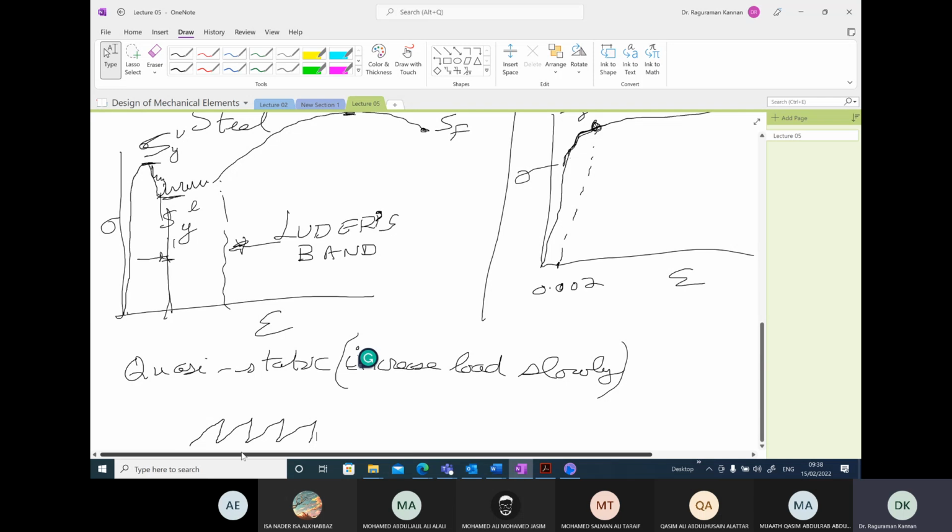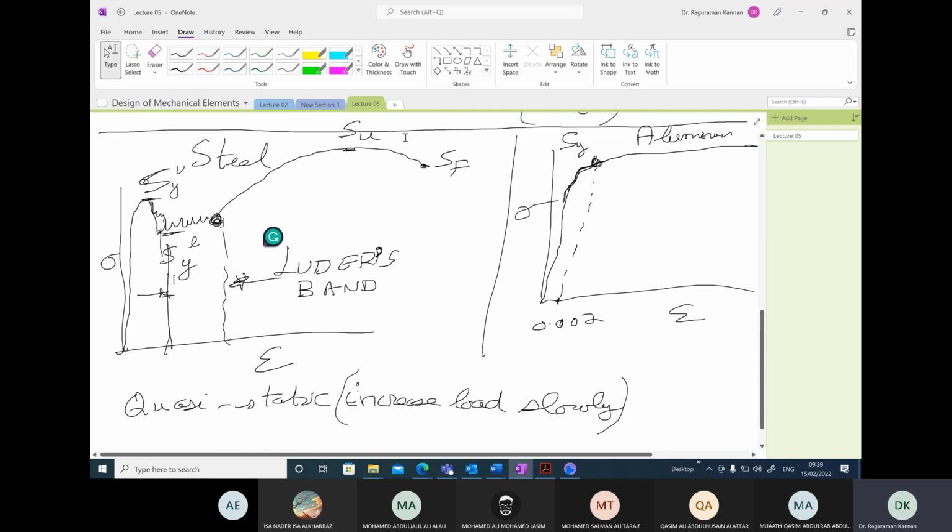So this will continue happening until the entire cross section, along the length, undergoes uniform plastic deformation. When the entire cross section reaches uniform plastic deformation, at this point what you have is the strain hardening phenomenon. So here we have an increase in the stress.